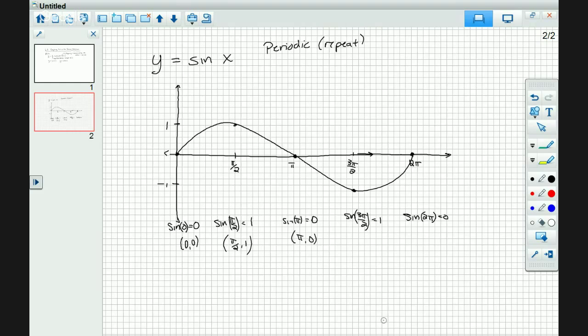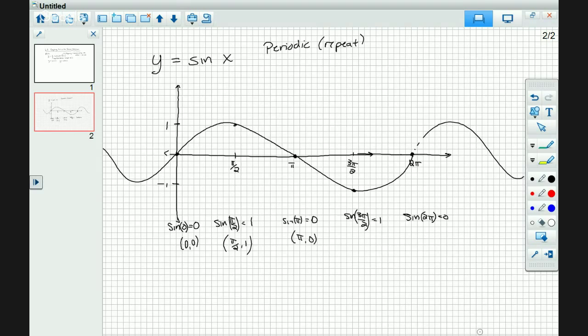If I go in either direction, all I'm going to get is a repetition. It's just going to go like this. And I could stretch it this way and it'll go like that. It just repeats, and it goes on forever.